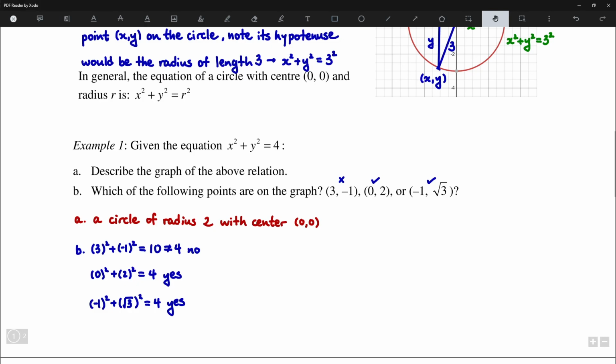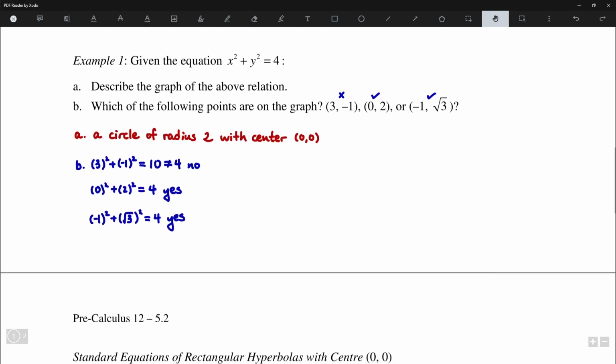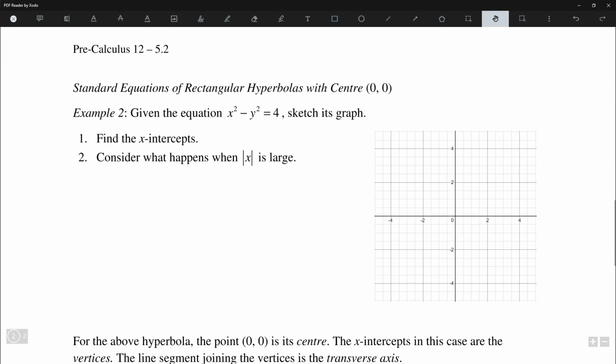Okay, so next we are going to be looking at the hyperbola. Starting with the equation x squared minus y squared equals 4, we're going to sketch the graph. But before we do that, we're going to find the x-intercepts first. To find the x-intercepts, we can simply let y equal 0.